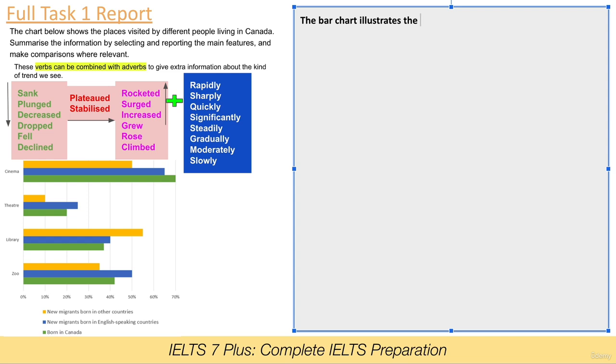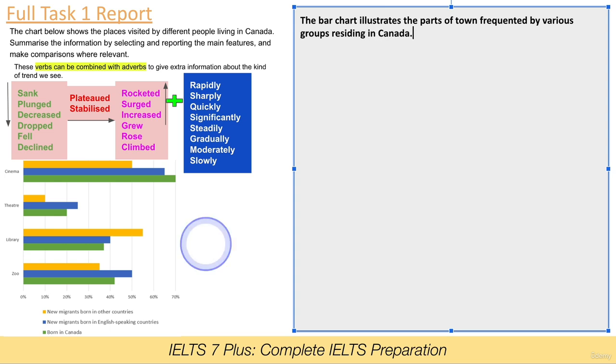The chart illustrates parts of town, I like this word, frequented by different people living in Canada, various groups residing in Canada.